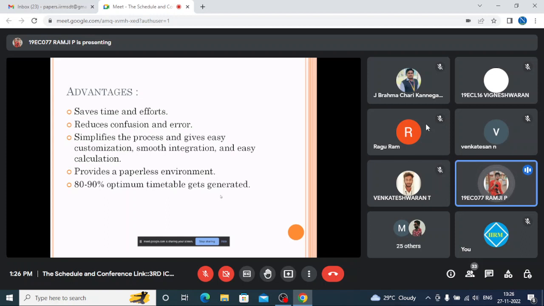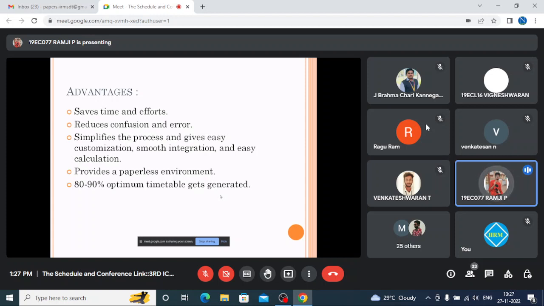A single person can't put a timetable together, because he or she has to know whether a collision occurs or not. So it saves time and effort, reduces confusion and error, simplifies the process, and gives easy customization, smooth integration, easy calculation, and a paperless environment.